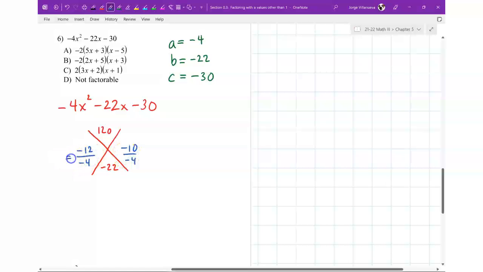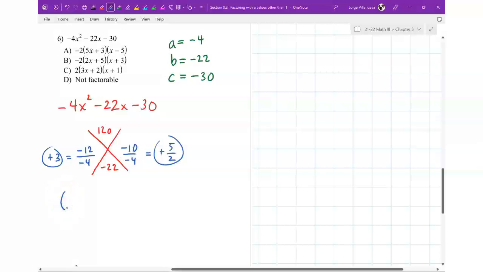I get +3. Okay, and then this becomes a positive 5/2. Okay, so when I'm going through this and I see my solutions that I got, I'm going to circle these and let me rewrite my answers here.